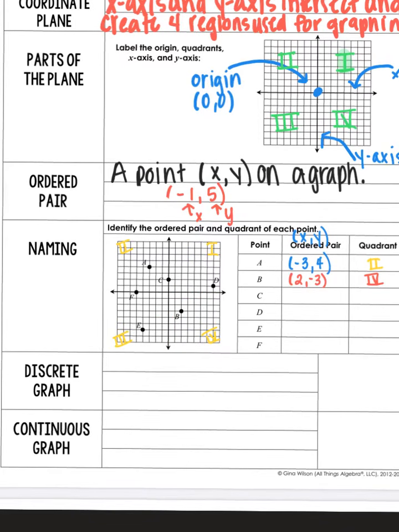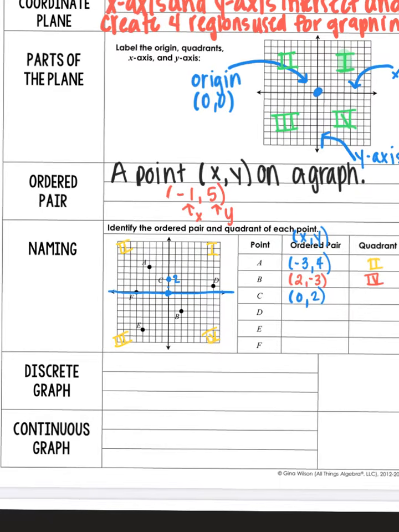Okay, let's look for point C. So point C is here. Remember x, y. So here's our x-axis. C did not move left or right any. So our x is still at 0. And our y, we had to go up 1, 2. So our y is at 2.